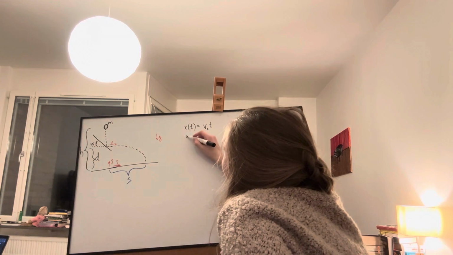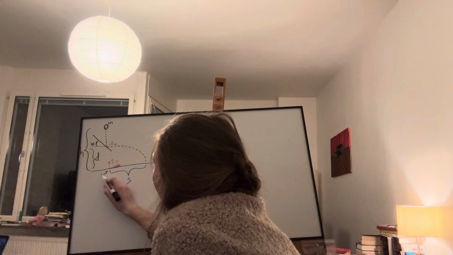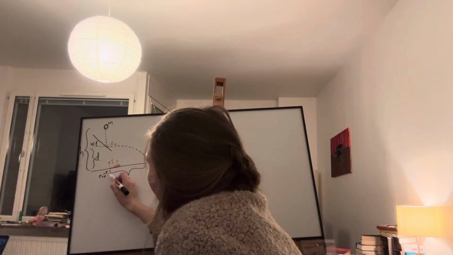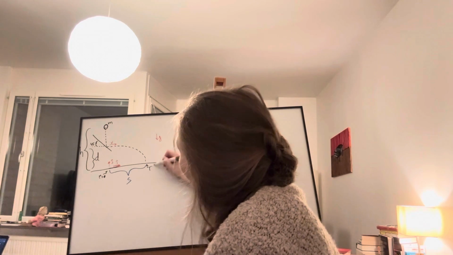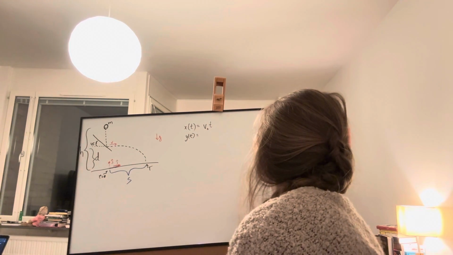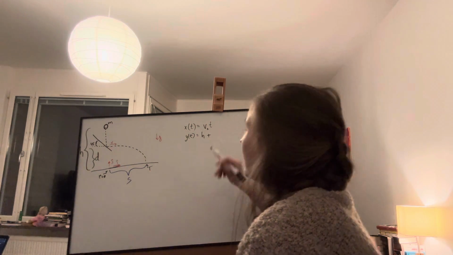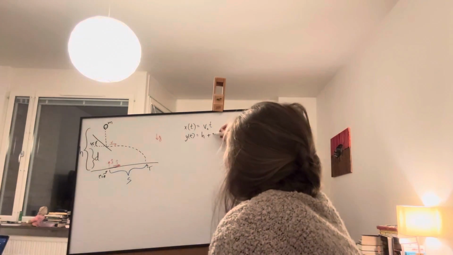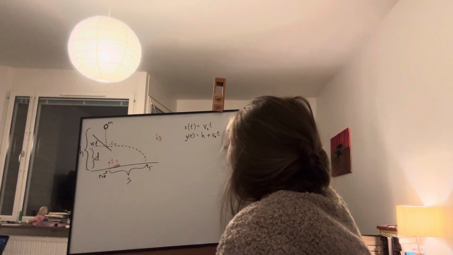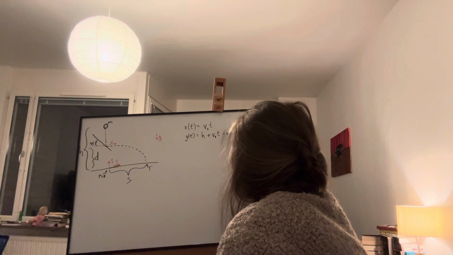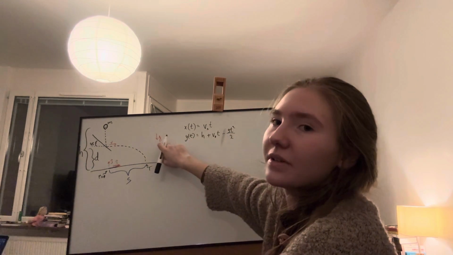And then we have, oh yeah, here we have the time equals 0, the initial time, and here we have the final time. Then we have h plus 0t minus gt squared over 2, minus g because gravity is negative.